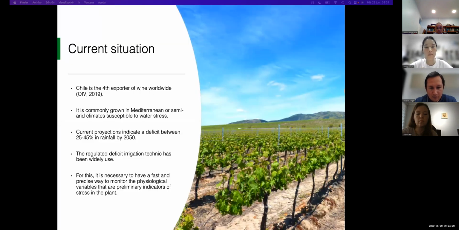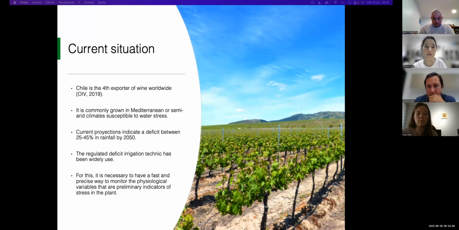So what's the current context? The grapevine is one of the most important crops both worldwide and in Chile. It is commonly grown in Mediterranean or semi-arid climates prone to water stress where irrigation is required.